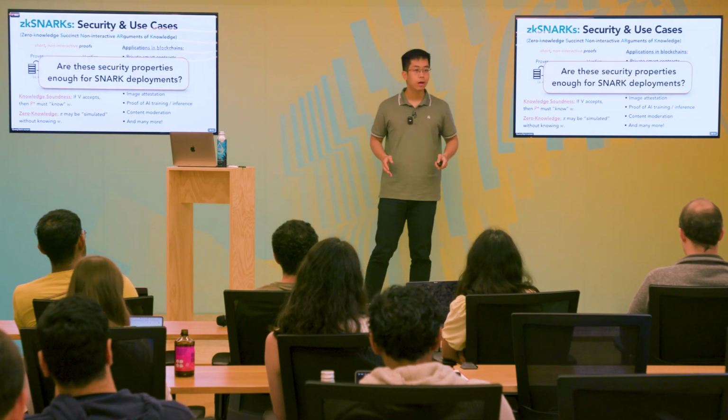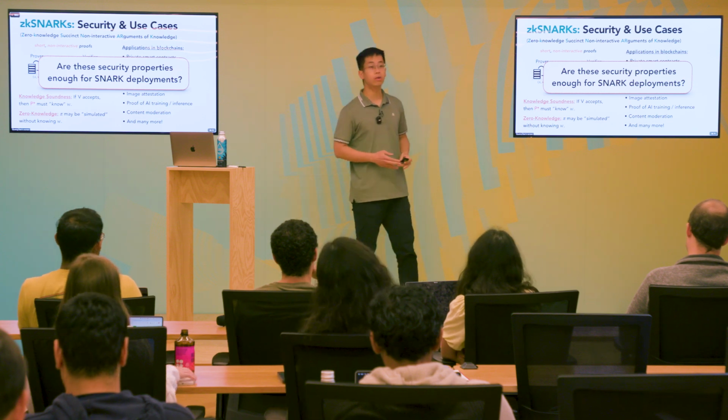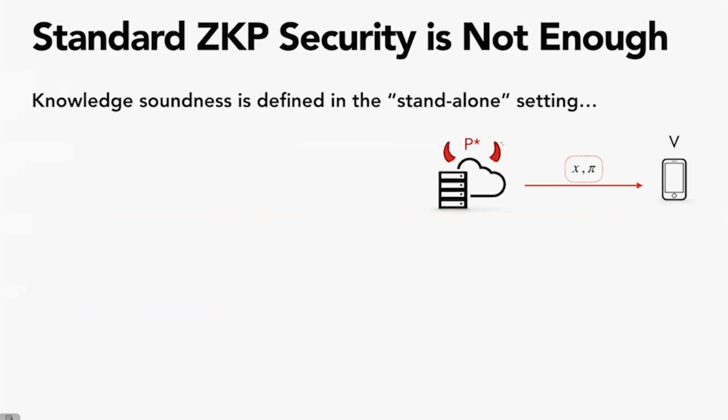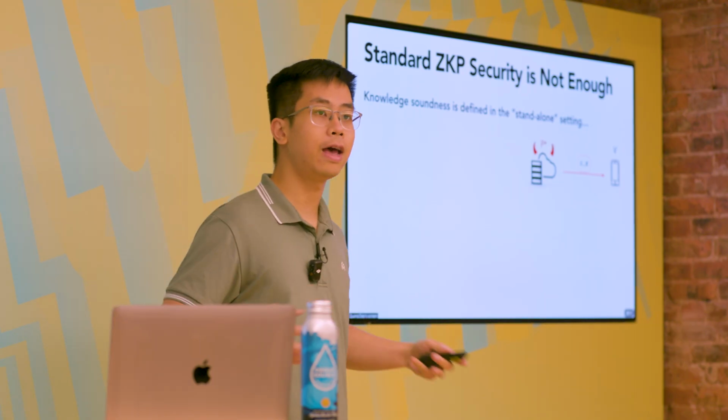deployments, I guess a very important question to ask is: are these security notions that are usually proved for SNARKs enough to guarantee security when SNARKs are deployed? It turns out that in many applications in practice, these security properties are not enough. Roughly the reason is that, for example, knowledge soundness is defined in a standalone setting.